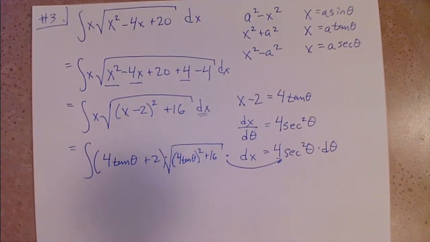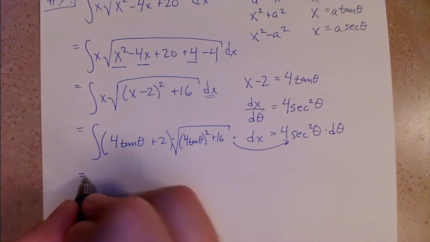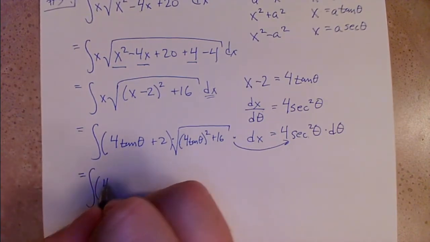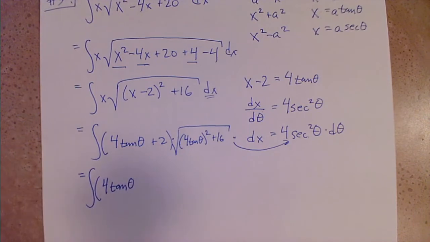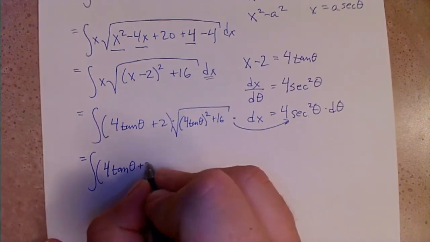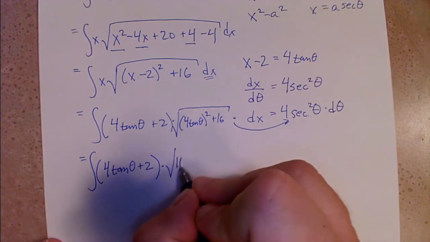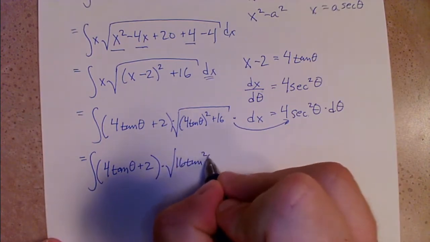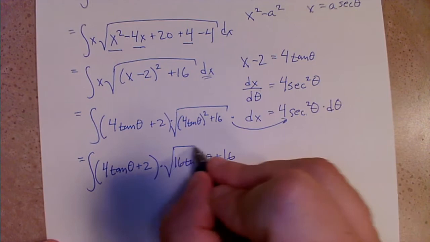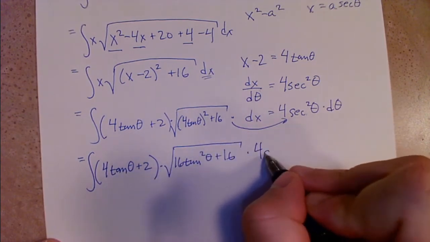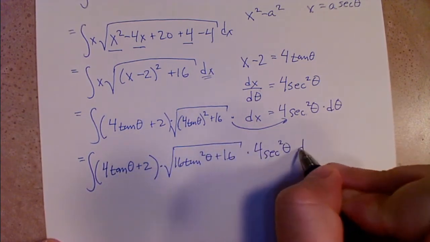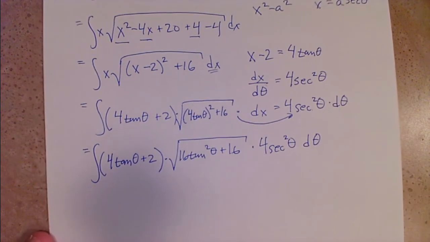And I'm going to do the good mathematical thing of rewriting everything nice and neat so I don't lose myself. 4 tangent theta plus 2 times the square root of, let's go ahead and write this as 16 tangent squared theta plus 16 times 4 secant squared theta d theta.